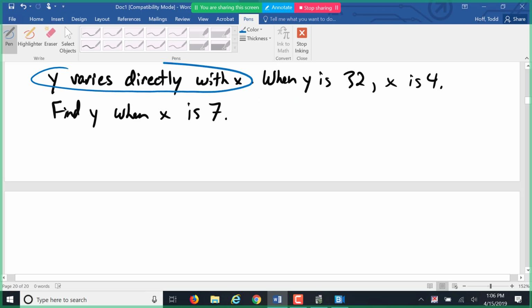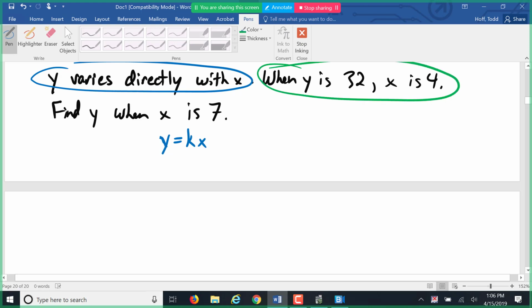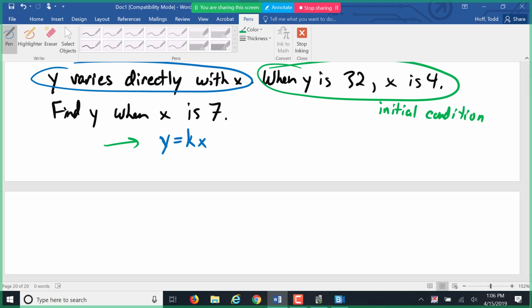So again, y varies directly with x. It's telling us y equals a constant times x. When y is 32, x is 4. This is what's often referred to as an initial condition. We have the relationship here, which gives us the general form of the equation. That initial condition helps us figure out the values of the constants in that.